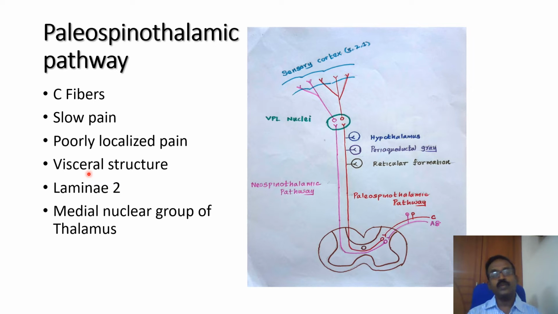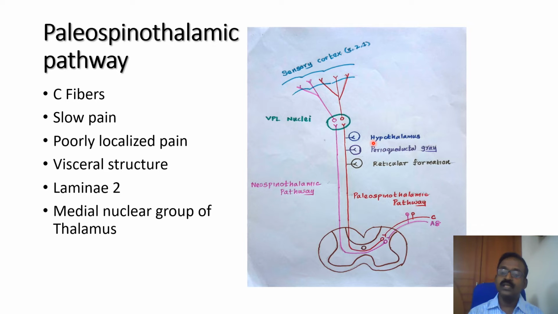So the paleo-spinothalamic pathway is poorly localized because of its non-specific origin from the thalamus to the sensory cortex. The second order neurons connect with the reticular formation and midline nuclei like the periaqueductal gray and parabrachial nuclei, and the hypothalamus.